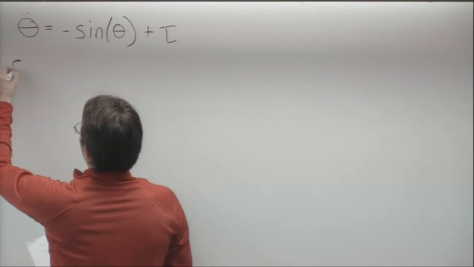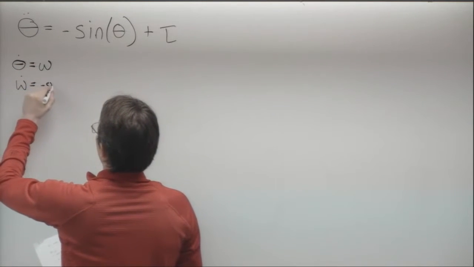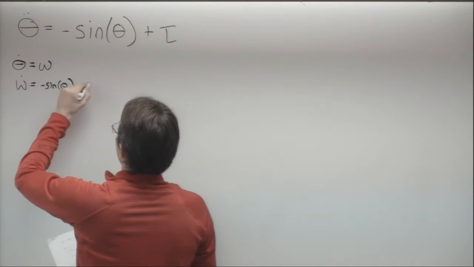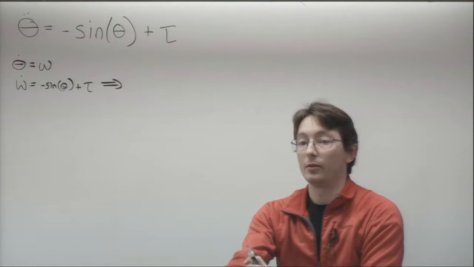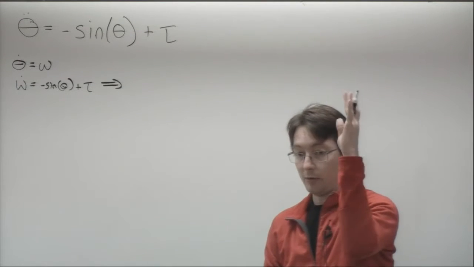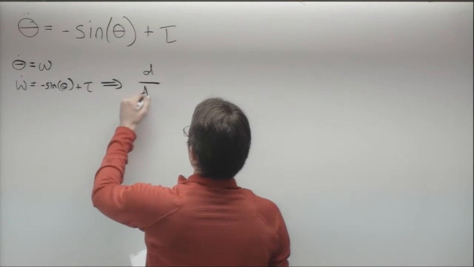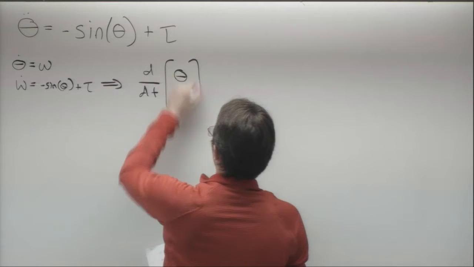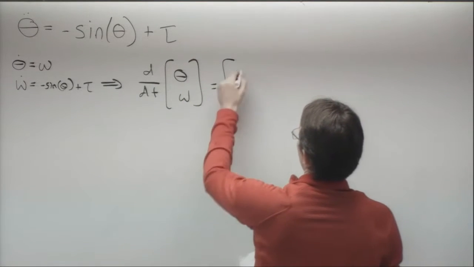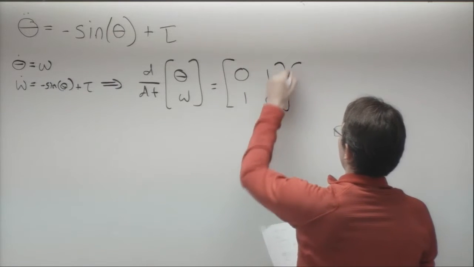So I can write down theta dot equals omega, omega dot equals minus sine theta plus tau. And if I linearize about the unstable fixed point, theta equals pi, we get something like d/dt of theta, omega equals the matrix 0, 1, 1, 0.